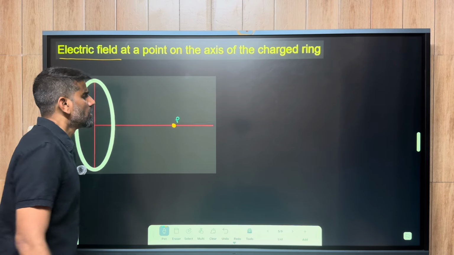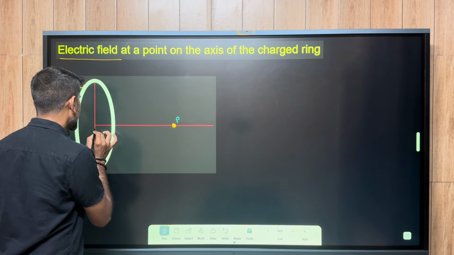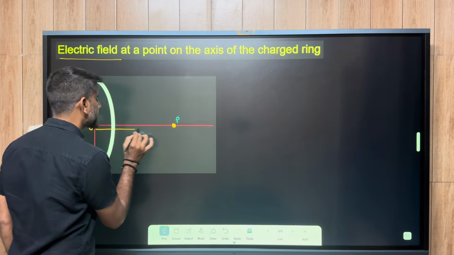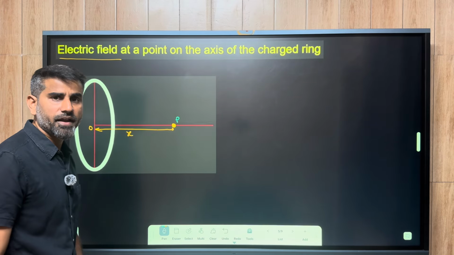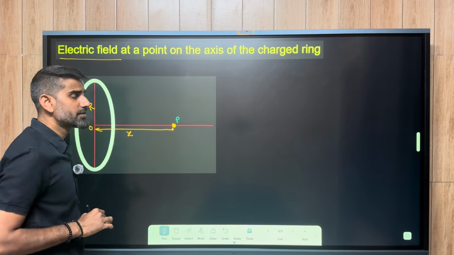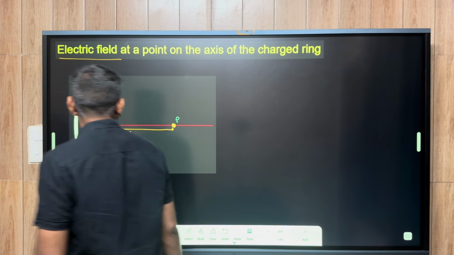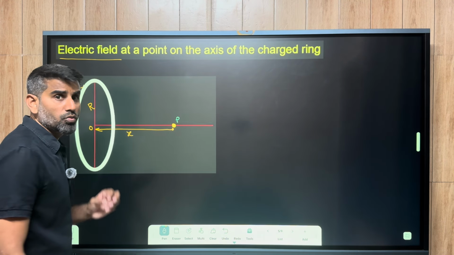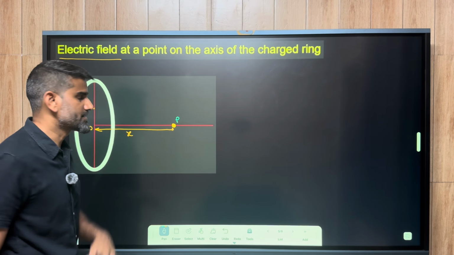Let us suppose the distance of this point from the center is x, and the radius of the ring is r. Now I'm going to divide this ring into small tiny elements, small charges.